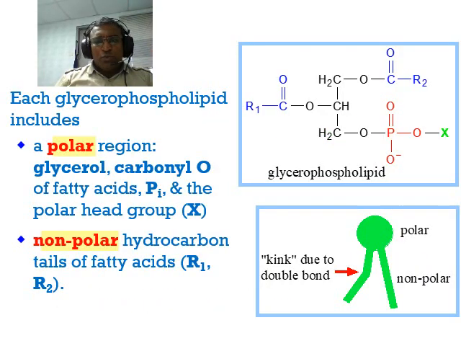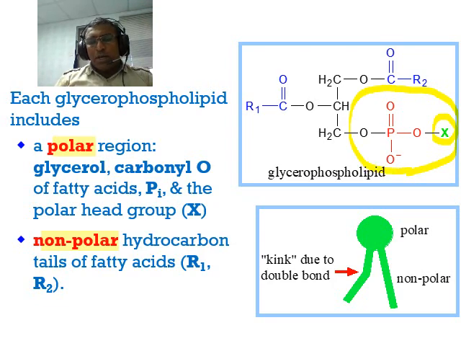Due to the X group, this X group either being carbohydrate having lots of OH group, or being a charged group, it will contribute towards the whole phospholipid itself, whereby the charged group as well as the phosphate group, which has a negative charge, will be considered as polar, liking water, because water having negative charge and positive charge will be attracted to this negative or positive charge, or even the OH group, and therefore this is considered polar region.